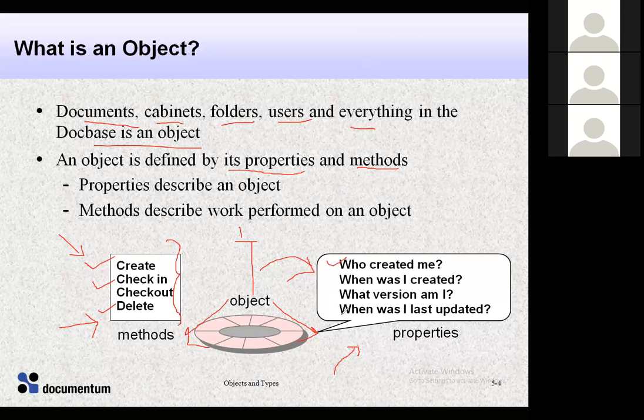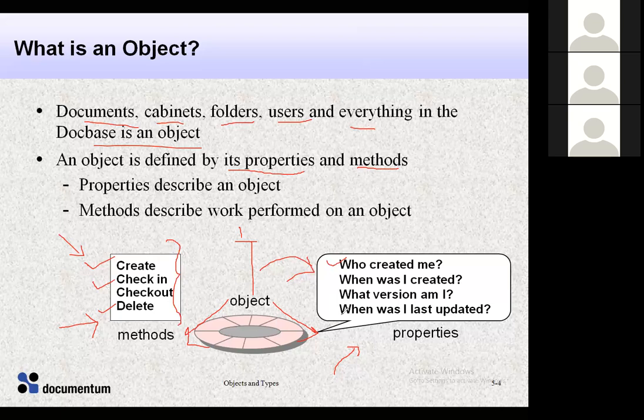Let's say you divided those objects into 2 categories, category A and category B. You would say that category A objects can perform these activities and have these properties. Similarly, category B objects can perform such activities and have such properties.